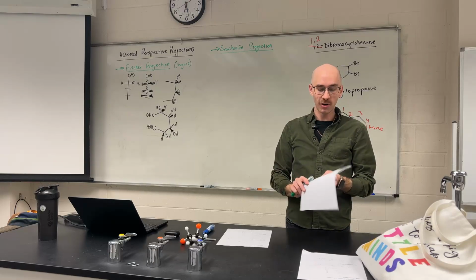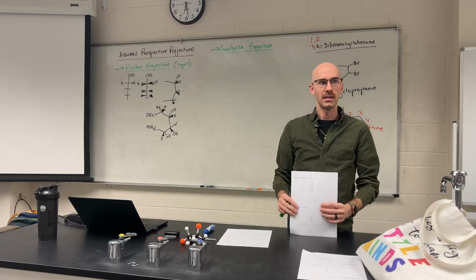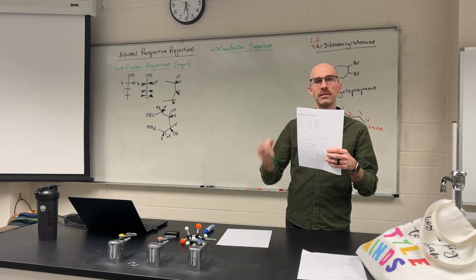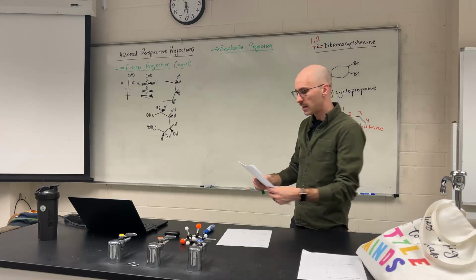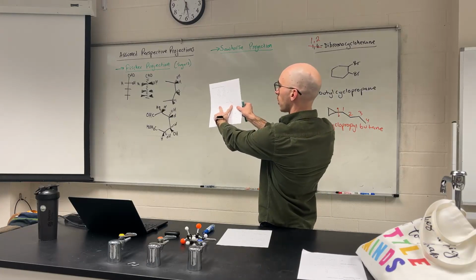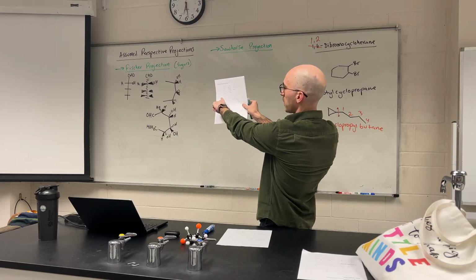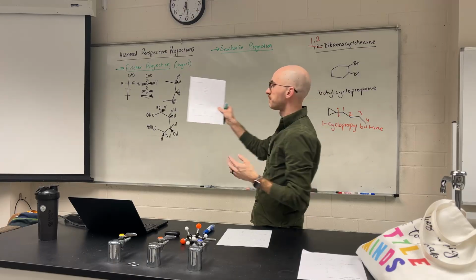You can see the sawhorse projection elongates a carbon-carbon bond, and then it takes the three groups that are remaining on both carbons and it just flattens them down. So again, this is a shared perspective. I do want you to notice between the two sawhorse projections that the orientation of the three groups on the front and back carbons is different.